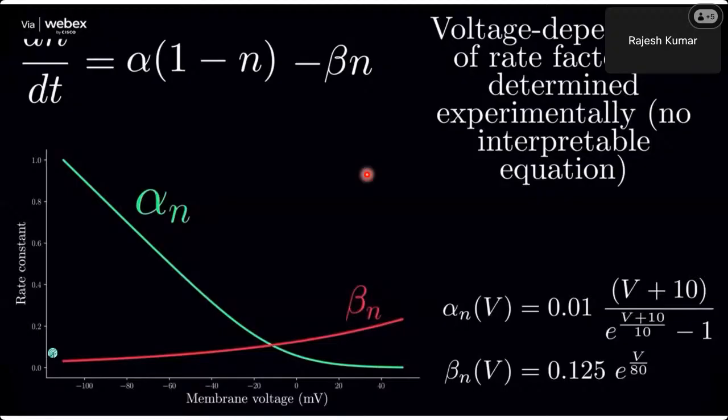Alpha and beta are the rates at which the gates open and close. And these alpha and beta are a function of the voltage. So all are coupled with each other.